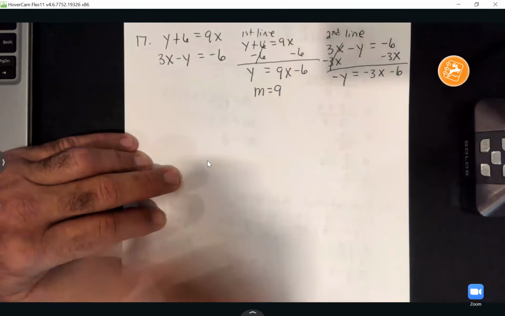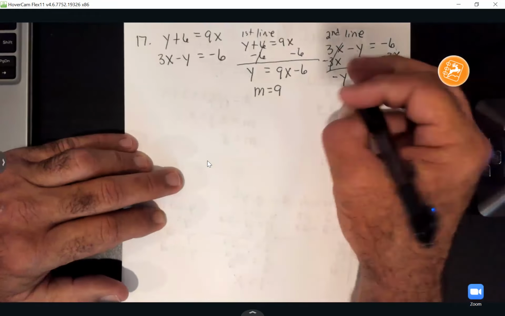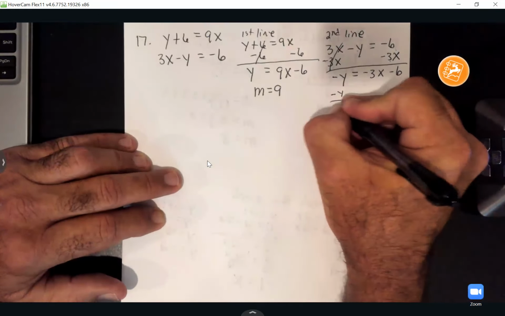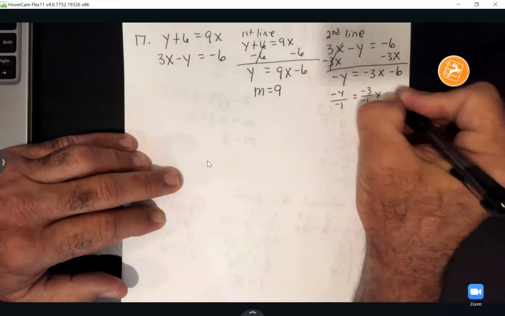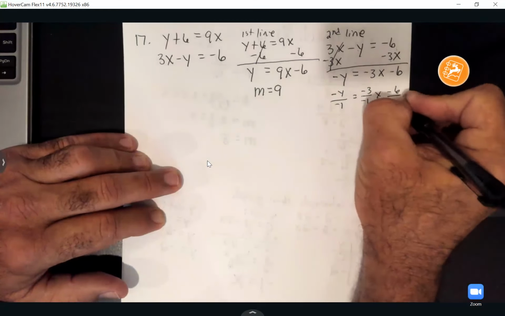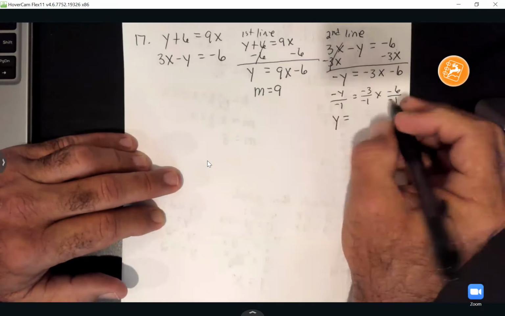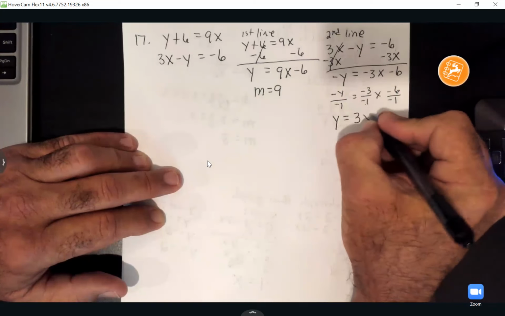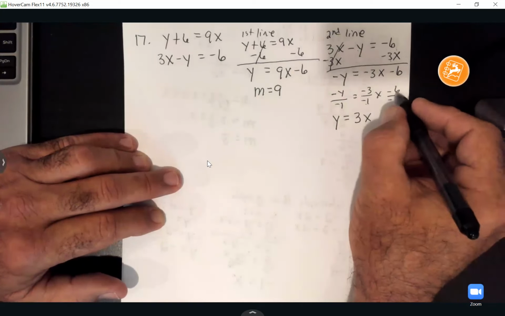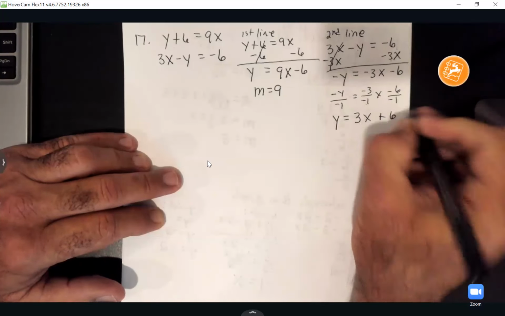Whoops. All right, so we need that to be a positive y. So since it's got a negative in the front, we divide every single part by negative 1. So notice, that makes the y positive. Negative 3 divided by negative 1 makes that a positive 3x. And then negative 6 divided by negative 1 makes that a positive 6.